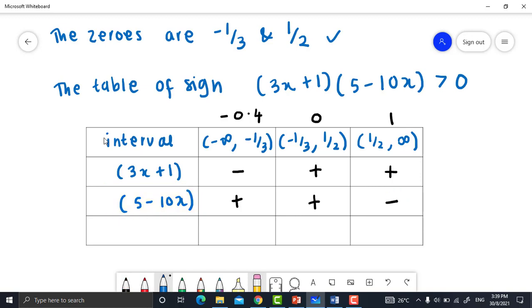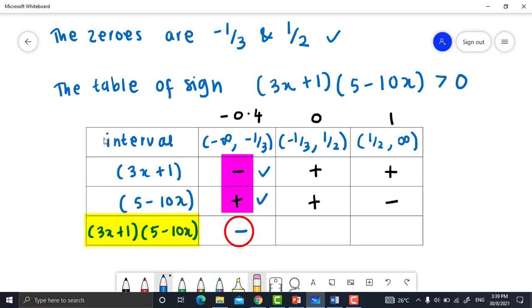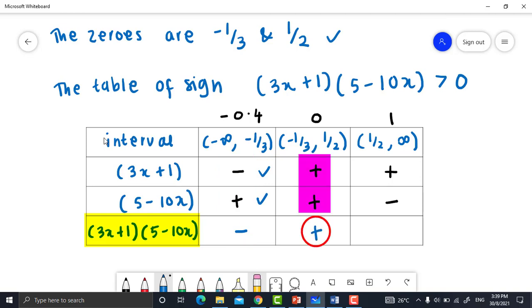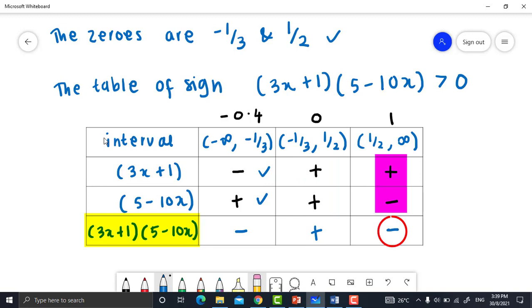Then next step, find 3x plus 1 multiply 5 minus 10x. For the first interval, -infinity to -1 over 3: negative multiply positive, negative. Positive multiply positive, positive. Positive multiply negative, negative.